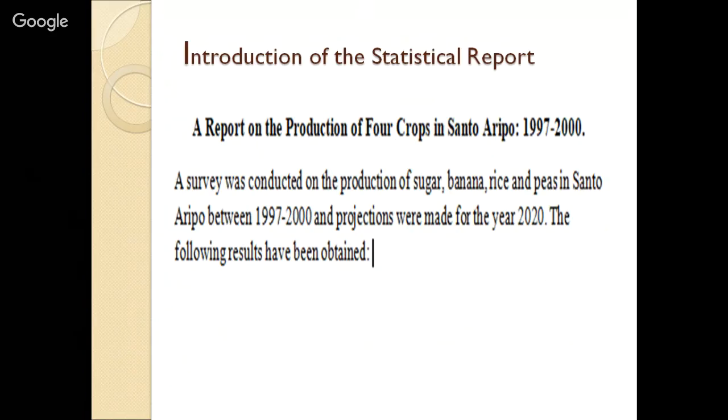If we said 1997 to 2020, it would have meant that the table covered the years between 1997 and 2020, which would have been incorrect in our report here. Hopefully you understand that explanation. Now we're going back to the report again.